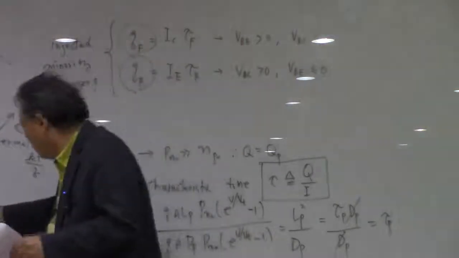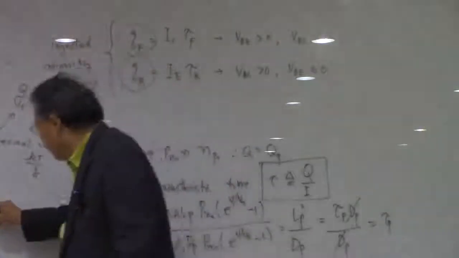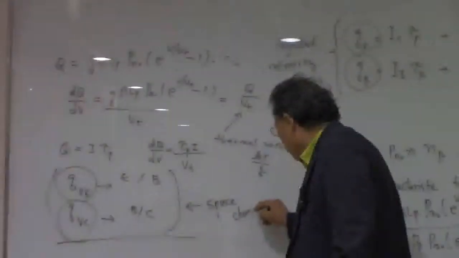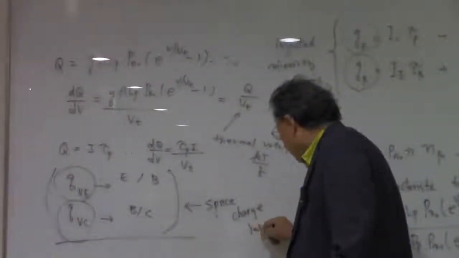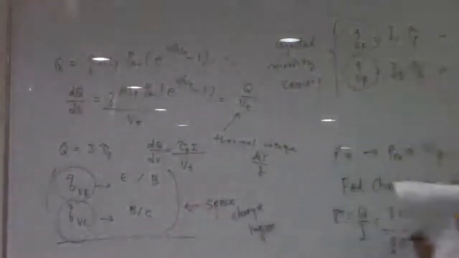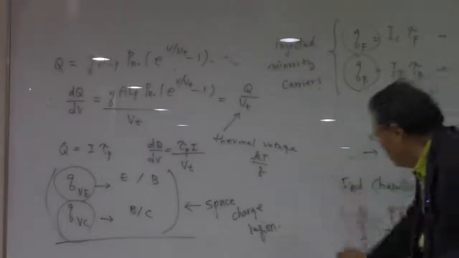These are the new charges, which have to be in the space charge region, and we have two space charge regions, between the emitter and base, and between the base and collector. How is that going to be related to the capacitance?